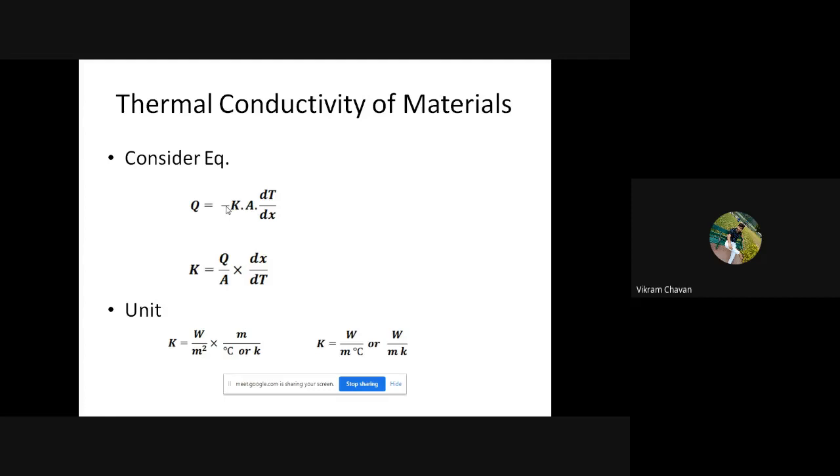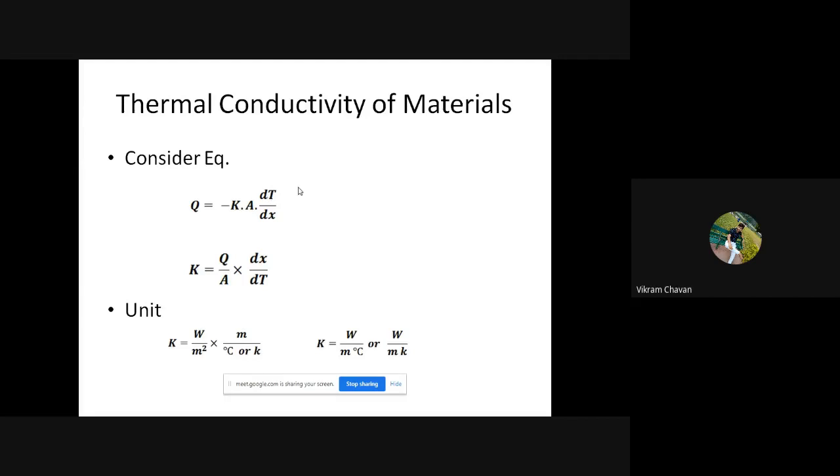We have understood why this negative sign is there, because dT, the change in temperature, is always T2 minus T1, but our heat is flowing from T1 to T2, that is, from the higher temperature region to the lower temperature region. For the sake of the mathematical equation we take T2 minus T1, so that dT will be negative.